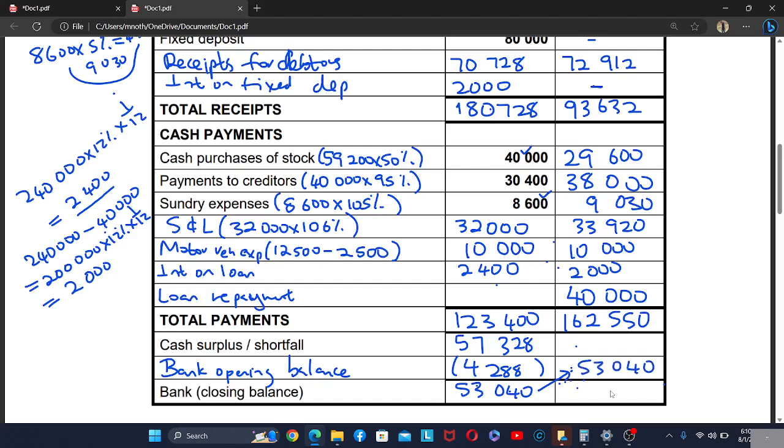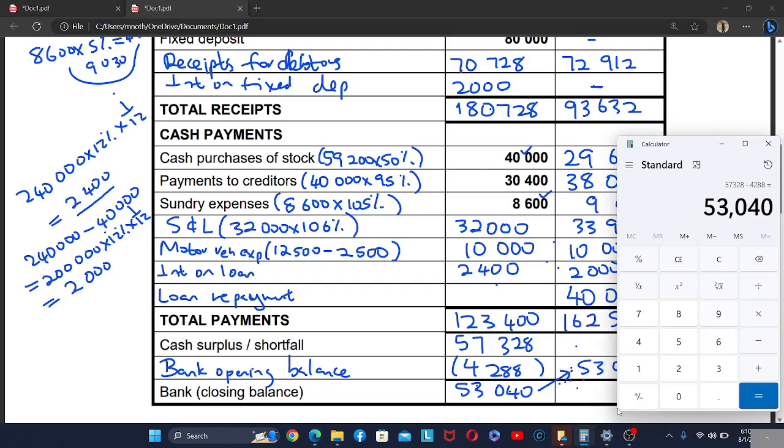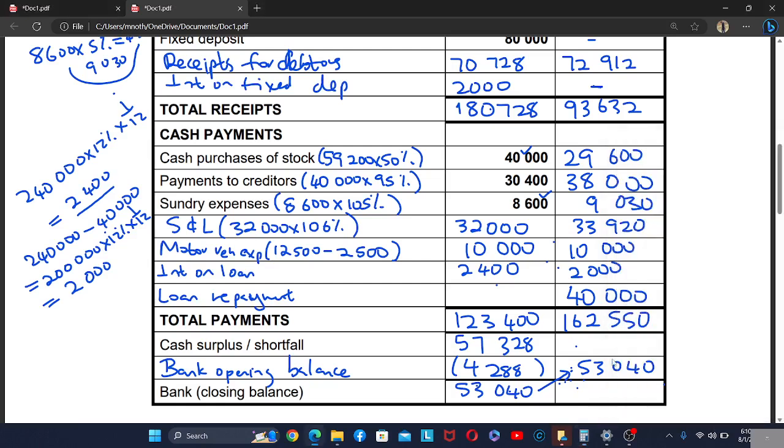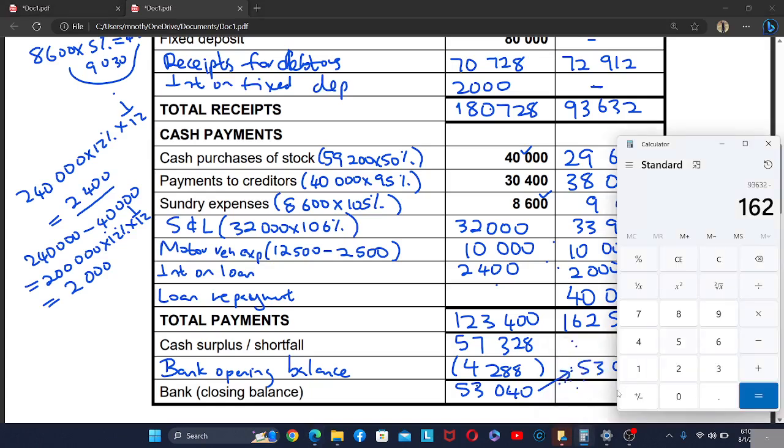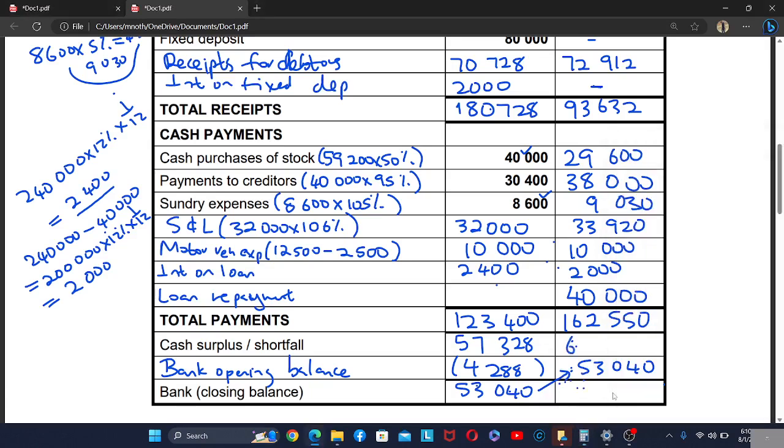Now for October, receipts 93,632 minus payments 162,550 is going to be negative 68,918.